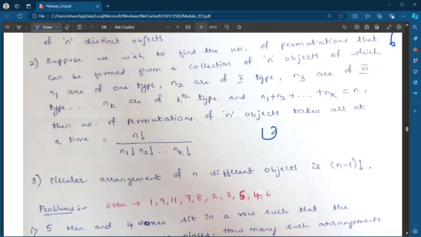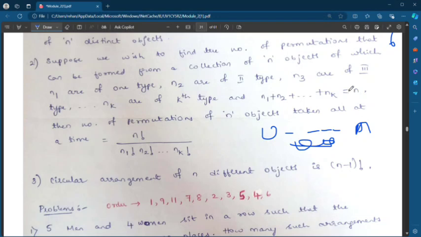Suppose we wish to find the number of permutations that can be formed from a collection of n objects, of which n1 are of one type, n2 are of another type, and n3 are of a third type, and so on up to nk of the kth type, and n1 plus n2 plus so on up to nk is equal to n.